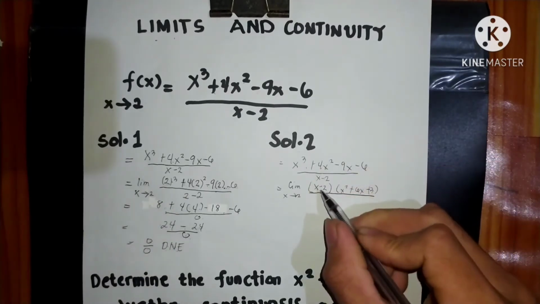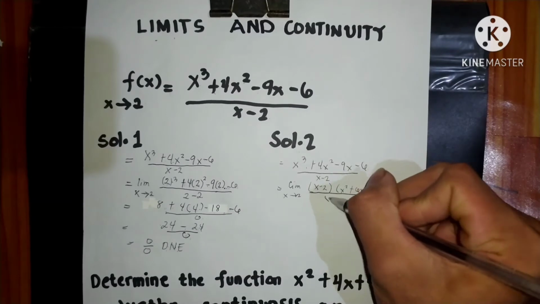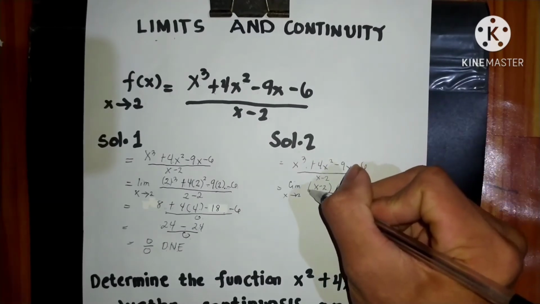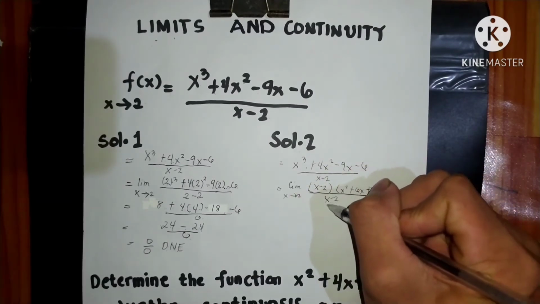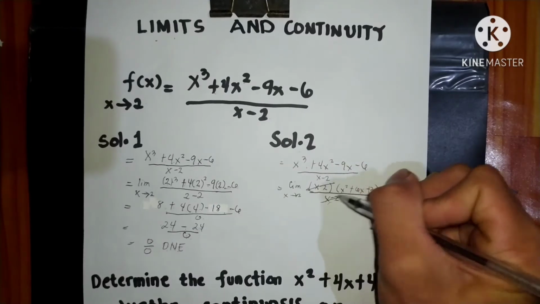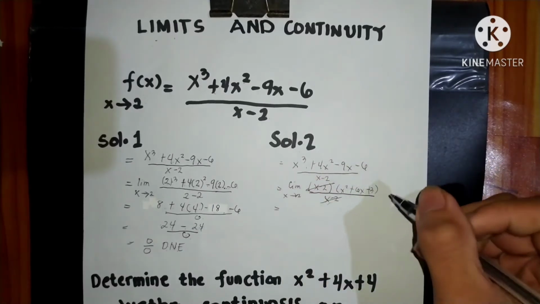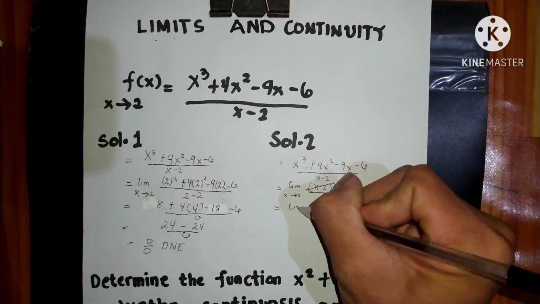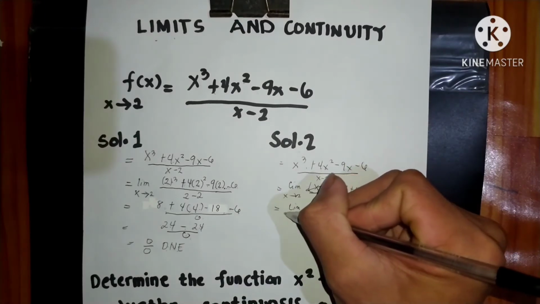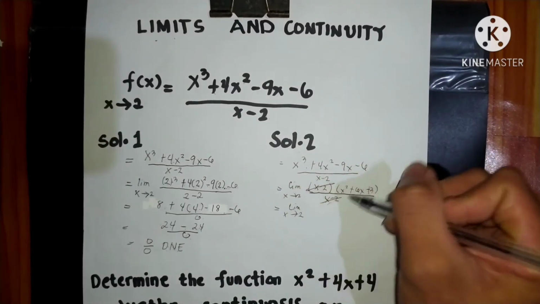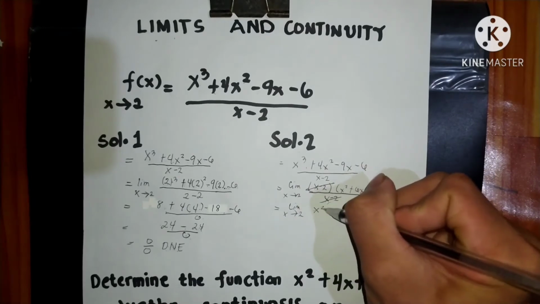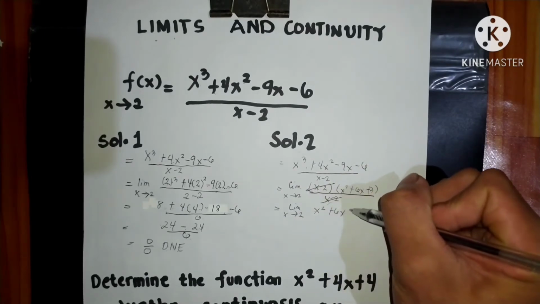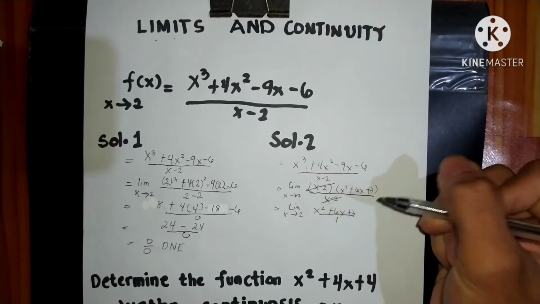So, ganyan yung factor niya. Over x minus 2. So, cancelization. X minus 2, then x minus 2. Cancel natin yan. So, ang naiwan, limit is equals limit as x approaches 2, x squared plus 6x plus 3 over 1.